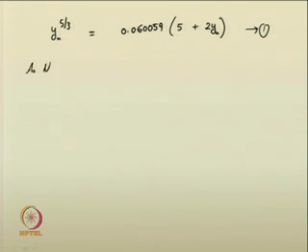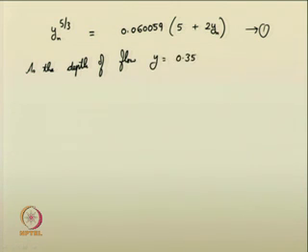Now, the depth of flow observed, y, is equal to 0.35 meters, which is greater than the critical depth, right, 0.2185. This is greater than this thing.